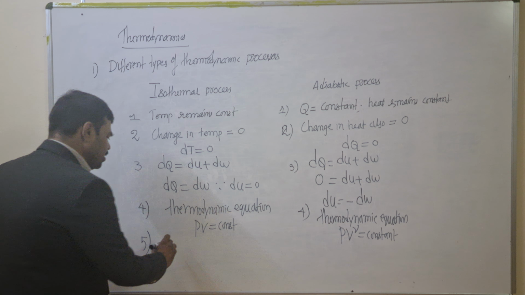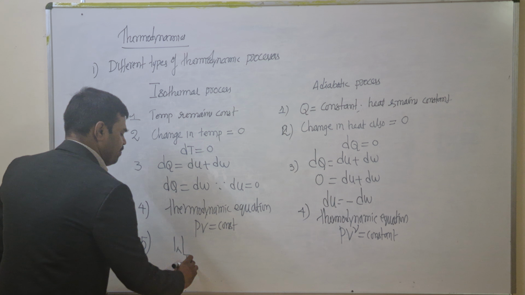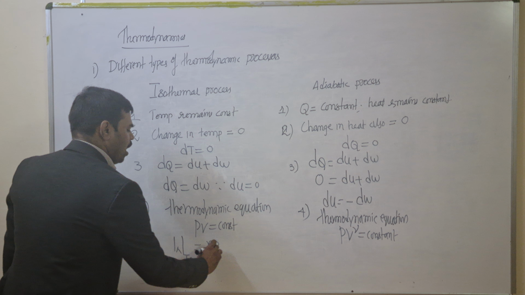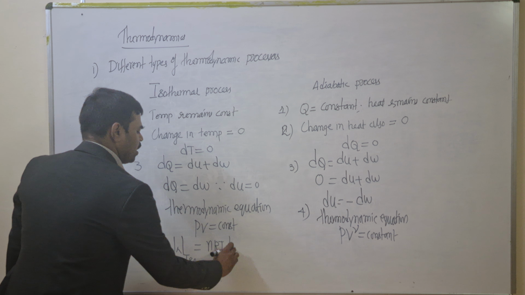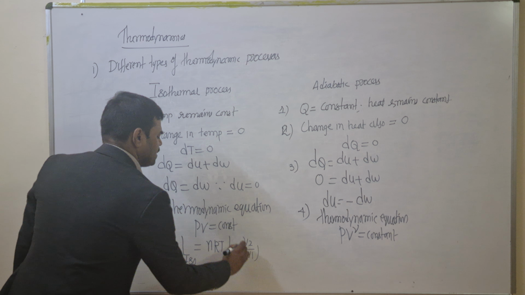Fifth difference in these two: what is the work done during the isothermal process? Work done during the isothermal process is equal to nRT log V2 by V1 to the base e.